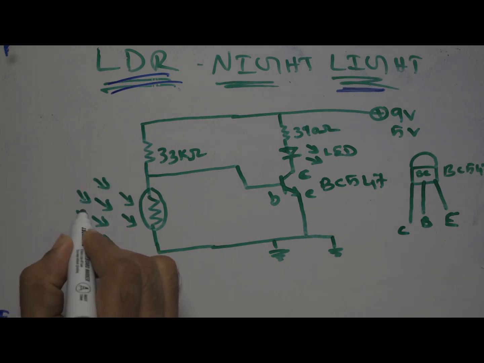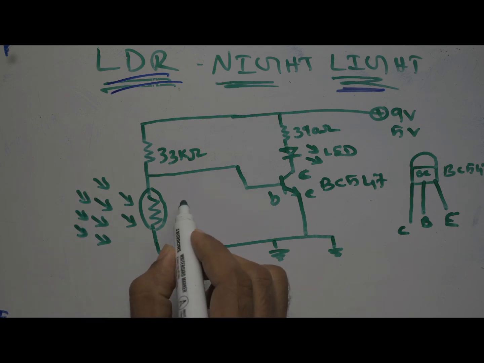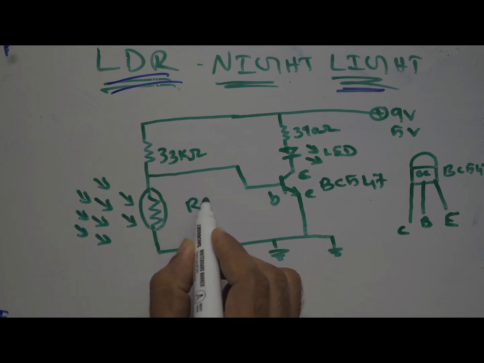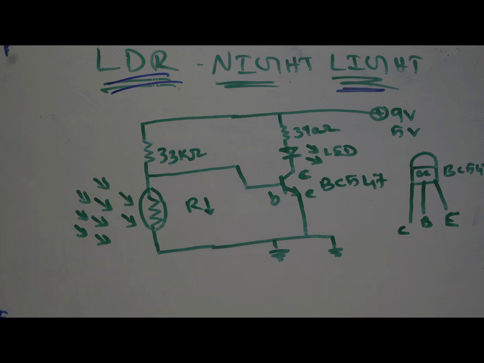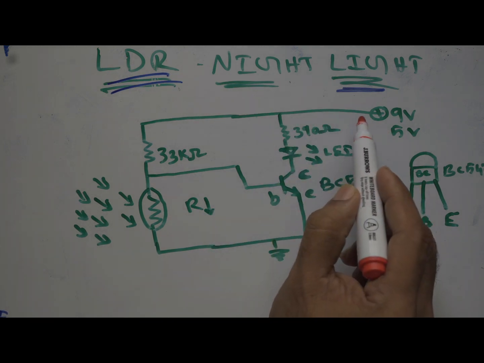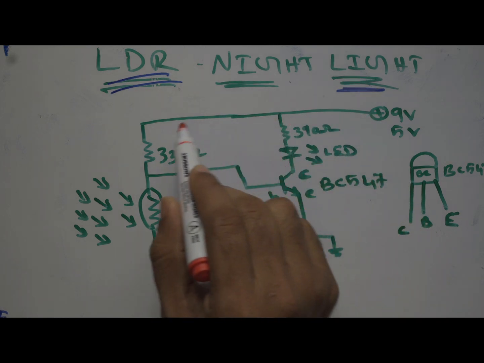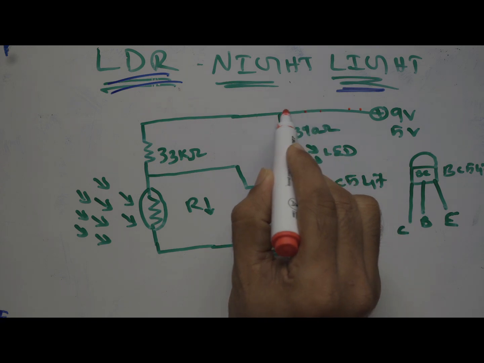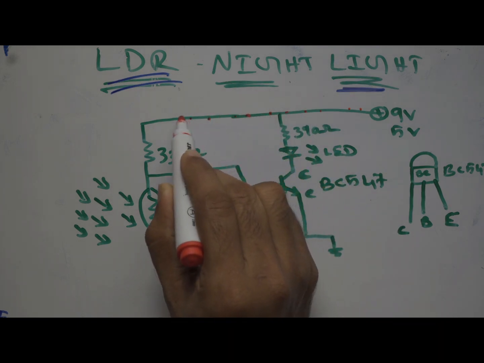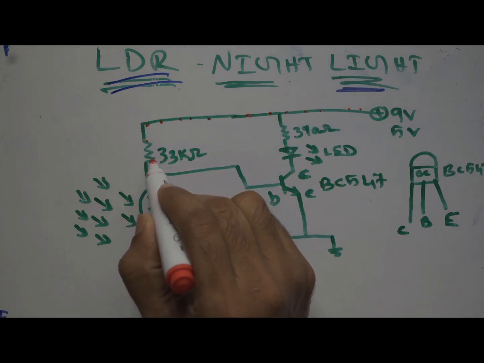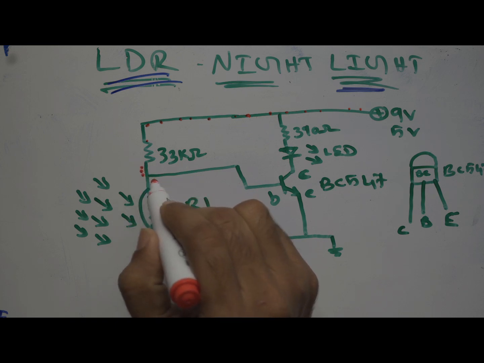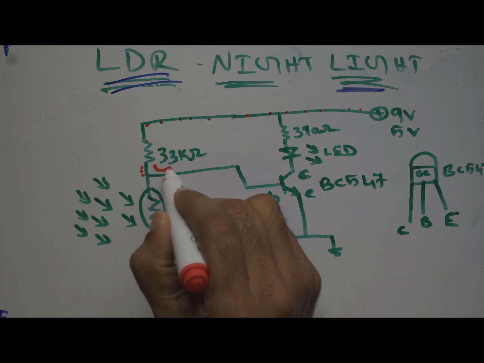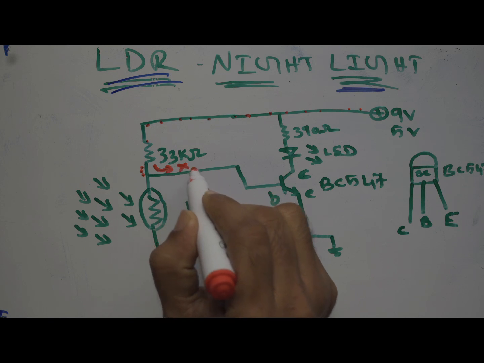When there is sufficient light, the resistance will be very less. In that case, the voltage always, it's like a flow of water, it always flows through the least resistive path. So the voltage will come in all the way here, it will be already there live, and it will pass through this 33 kilo ohm resistor, and it won't go here.